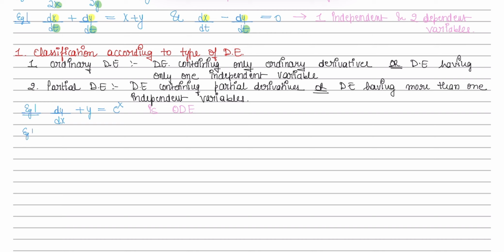And the partial derivative with respect to x plus y is equals to 0, and this is my partial differential equation, because we are having more than one independent variable. Here we have only one independent variable.